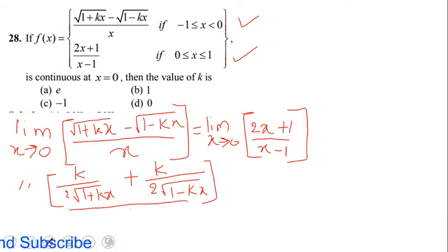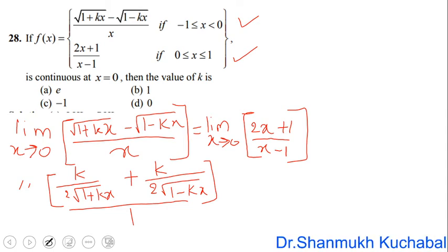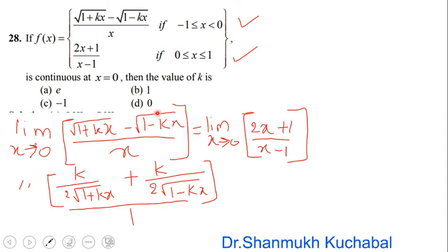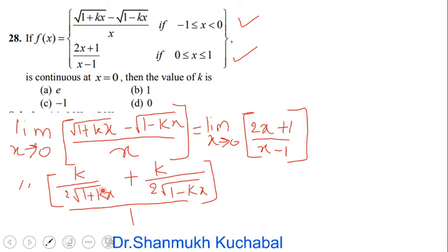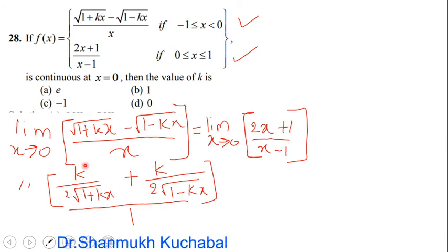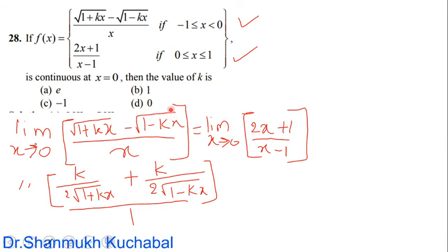So we have used L'Hospital's rule: we differentiate the numerator. This is the numerator here, so root f of x has derivative 1 by 2 root f of x times f dash of x, so this differentiation is here. Okay, so like this we have to write it here.